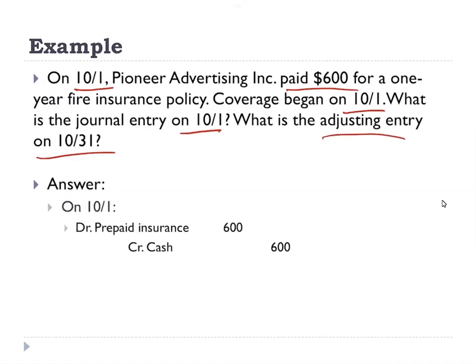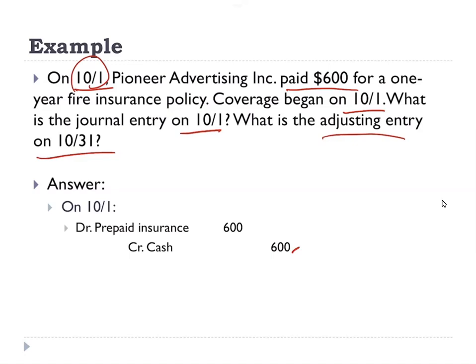So on October 1st, when the firm paid this 1-year fire insurance policy upfront, the firm paid out cash. So cash decreased by 600. And on October 1st, the firm hasn't used any of the insurance yet. So it is not the time that the firm can recognize any expense, because the firm hasn't used this insurance policy yet.